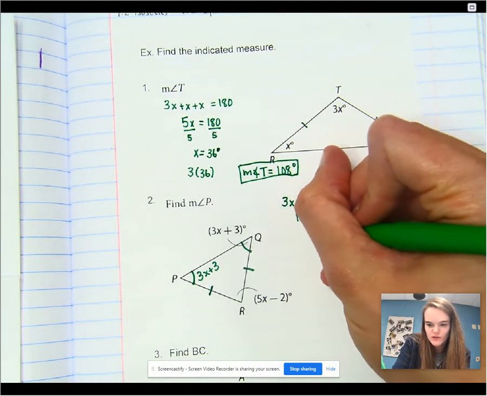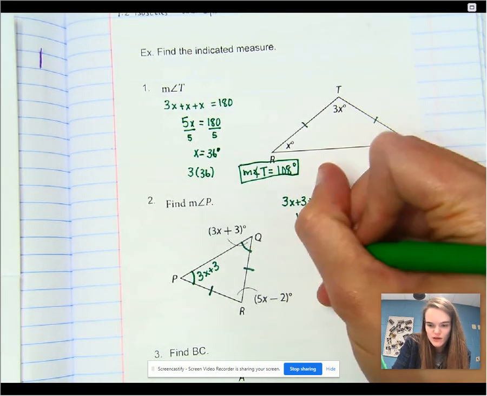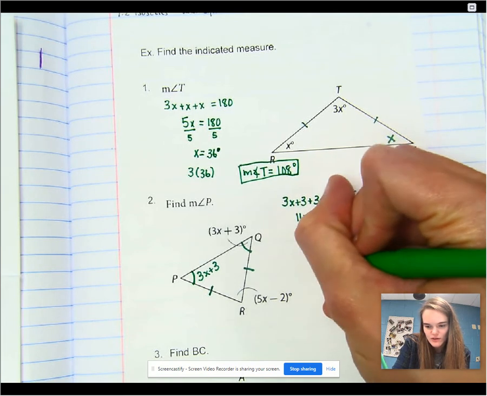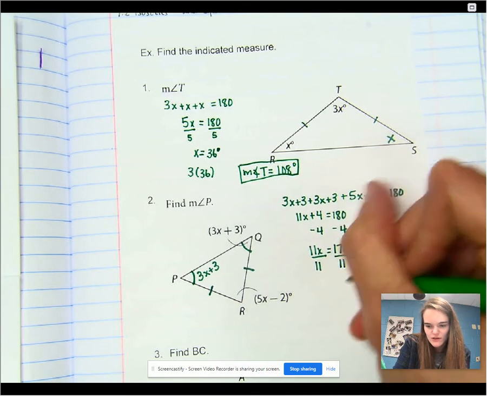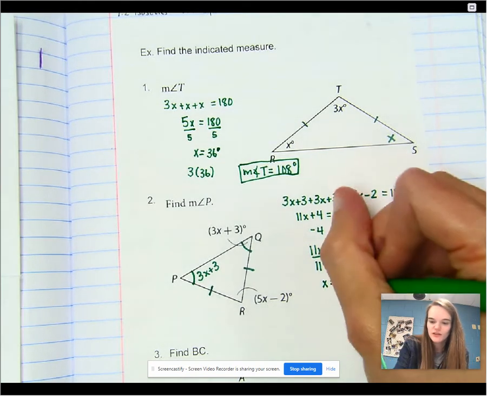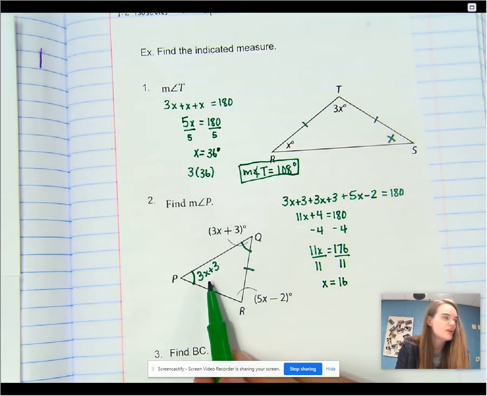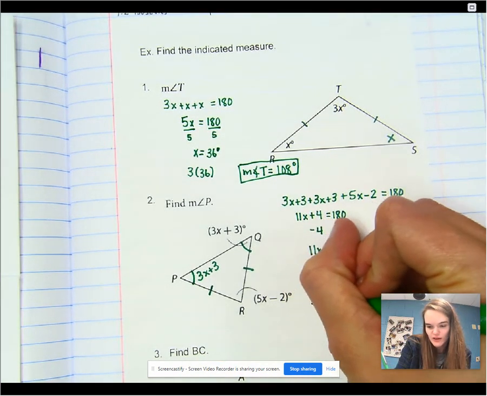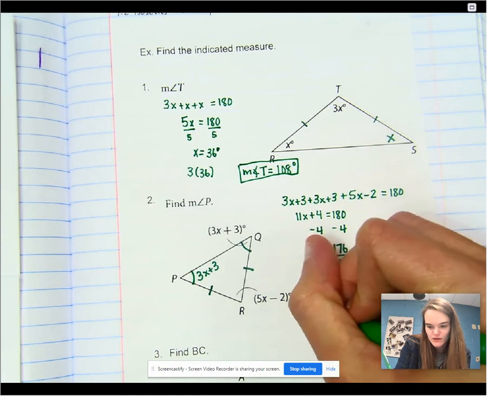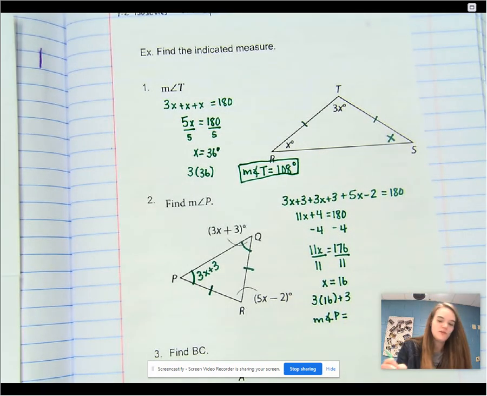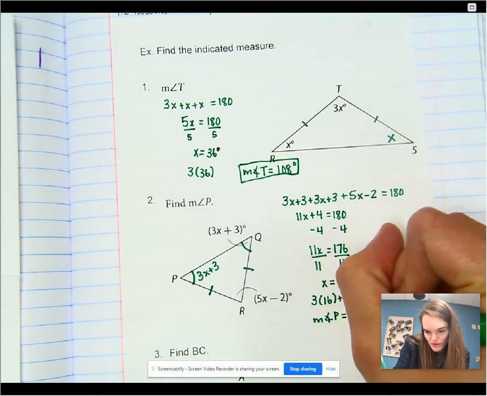Subtract 4. 11X equals 176. Divide by 11. X equals 16. We are looking for the measure of angle P. 3 times 16 plus 3. That is 51 degrees.